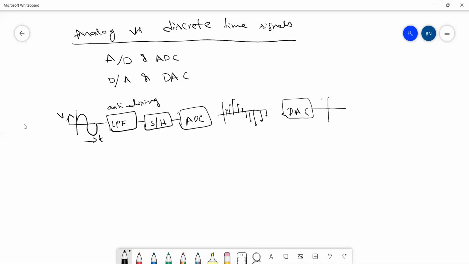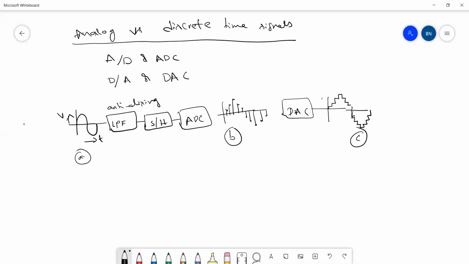Let the staircase signal be C, the analog signal be A, and the discrete signal be B.